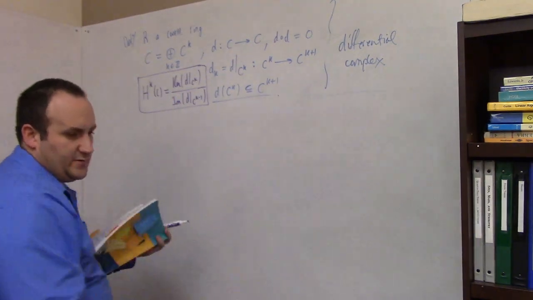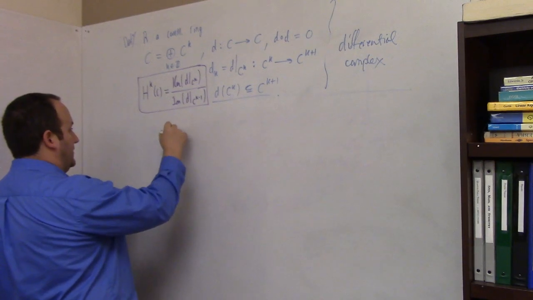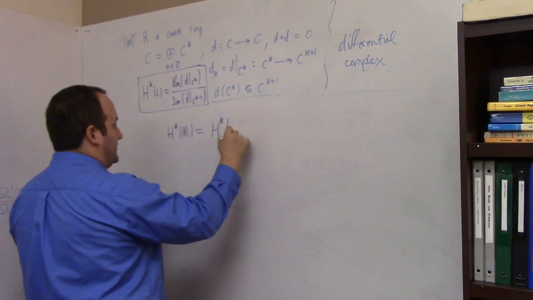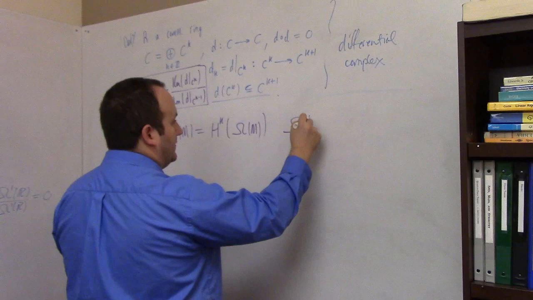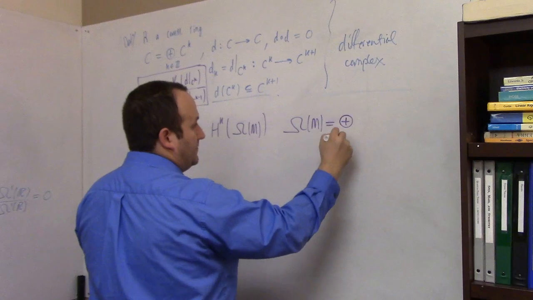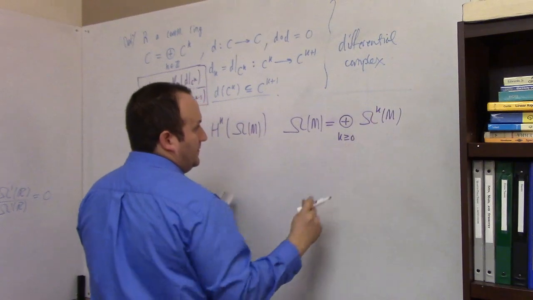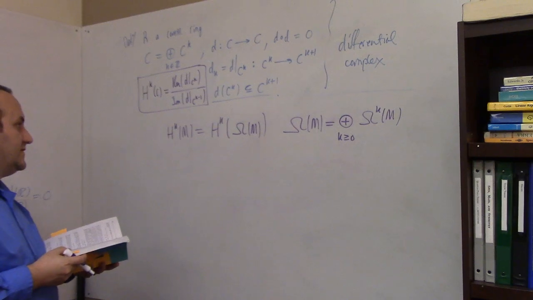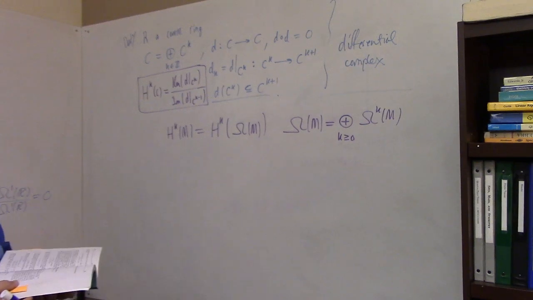So as a point of notation, we'll just say that H k of M is actually the cohomology of the exterior algebra over M. The exterior algebra is naturally a differential complex where the k-forms are acted on by the exterior derivative in the natural way. So the de Rham cohomology is the cohomology of the exterior algebra.